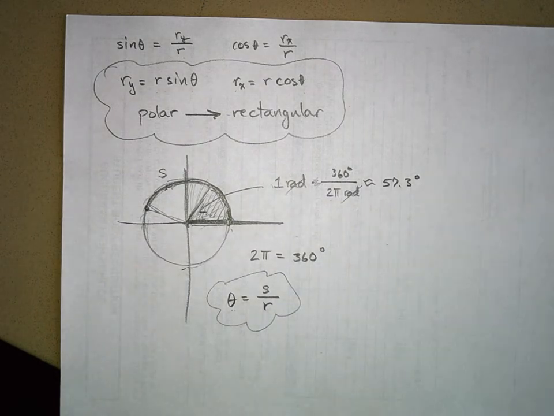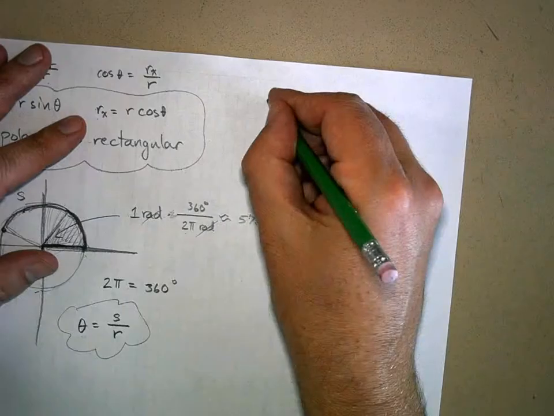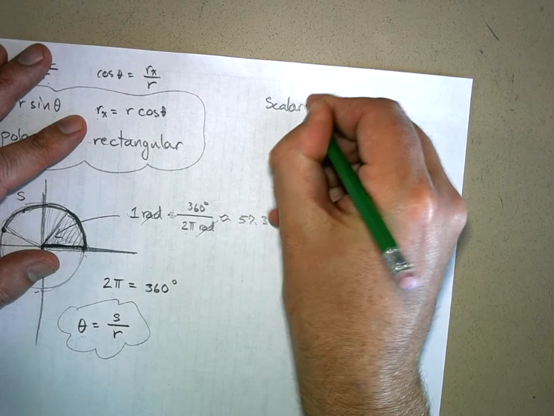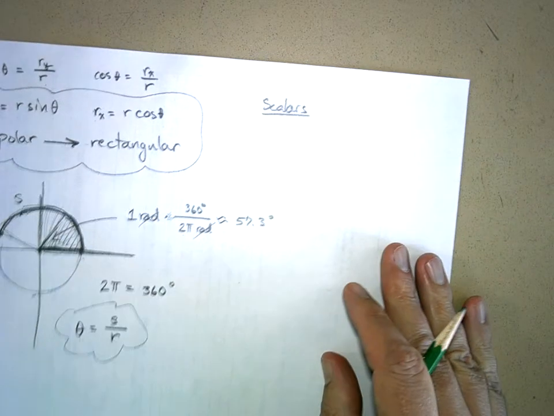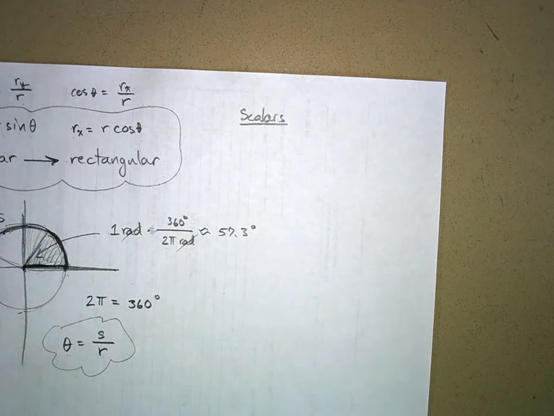Now, of course, we have scalars. A scalar is specified, in other words, you've completely described what it is, by just giving a number and a unit. Like temperature. Okay, 67 kelvins. That's all you need to know what the temperature is. You say 67 kelvins.